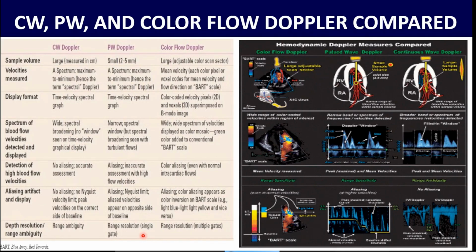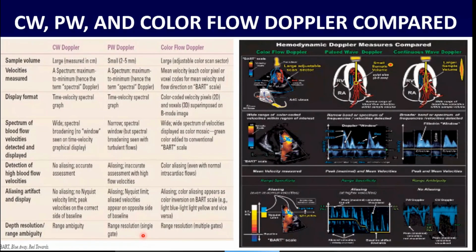And then we have the tissue Doppler, where you want to remove the high frequency component and concentrate on the high amplitude component. This is utilized when you put the sample volume on the tissue, for example, the mitral annulus or the tricuspid annulus.